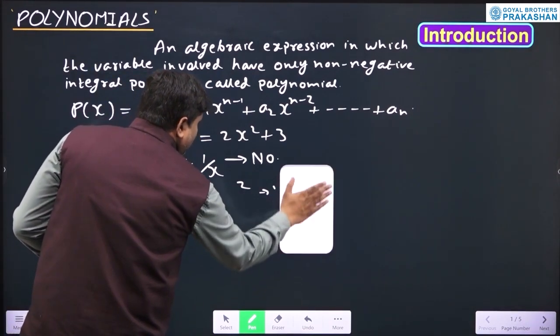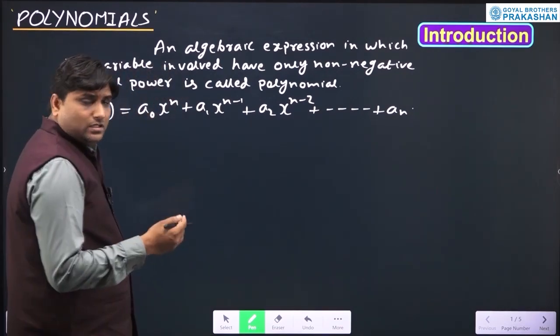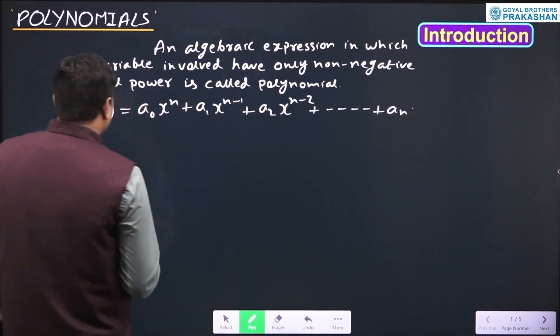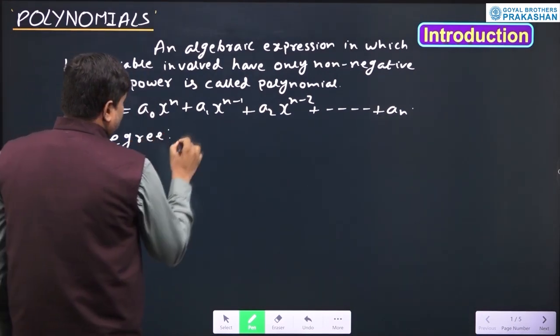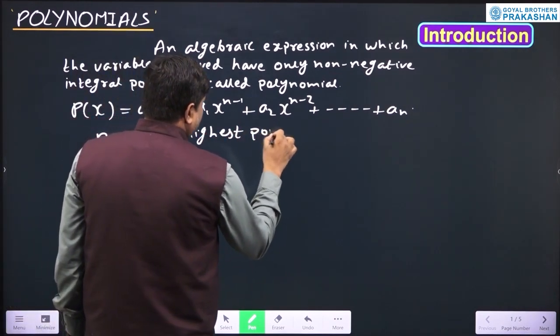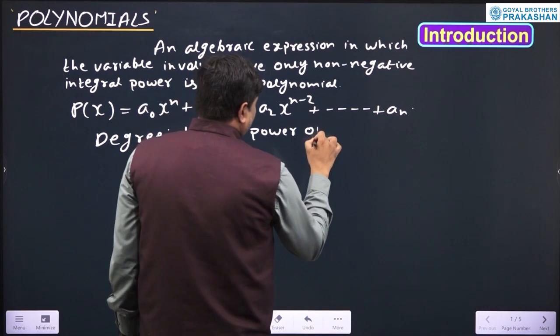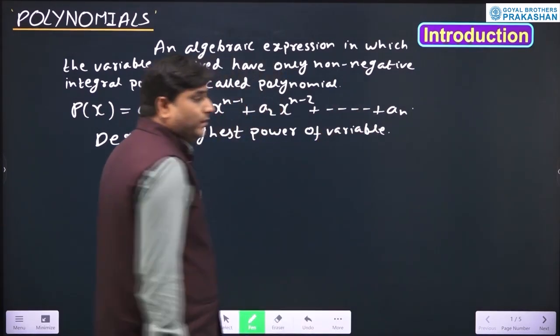You have studied this in earlier classes also. Now there is a term, degree of a polynomial. So what is the degree of a polynomial? The degree is basically the highest power of the variable involved in the polynomial.